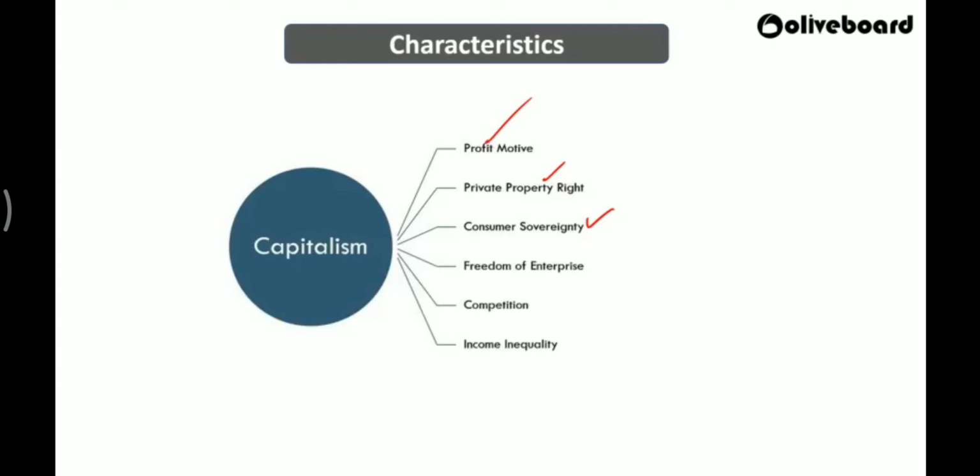Consumer has power over that. Consumer decides what they want. Unlike in socialism, where government will tell you that you have to consume this. No, here the consumer will say, I want this. So based on the consumer's choice only, the private people will manufacture. If consumers say they want guns, they will manufacture guns. If they say they want something else, they will manufacture something else. So here, the consumer has absolute freedom.